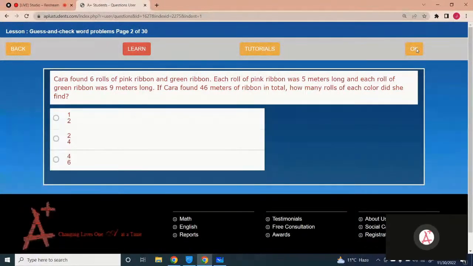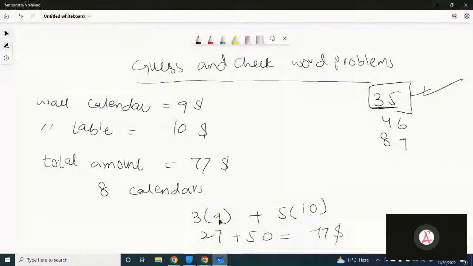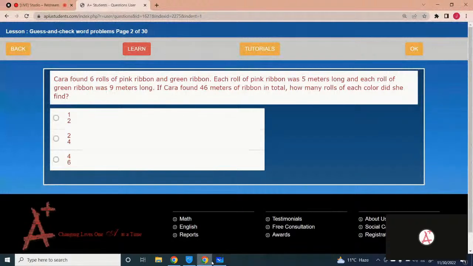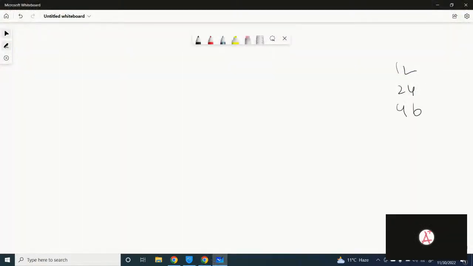So she has to make 46 meters. The options are 1, 2, 2, 4, and 4, 6.